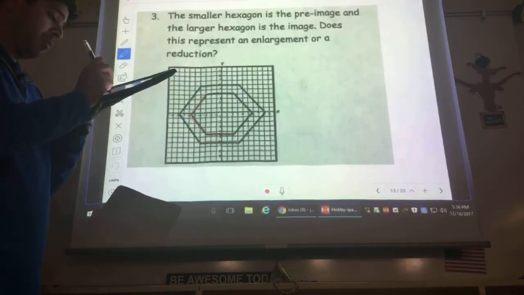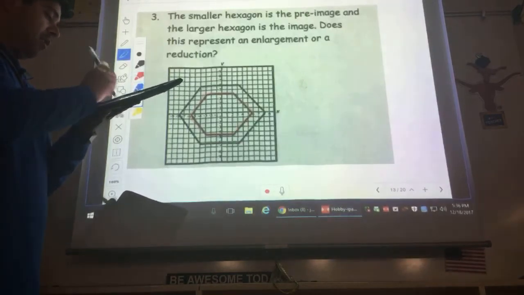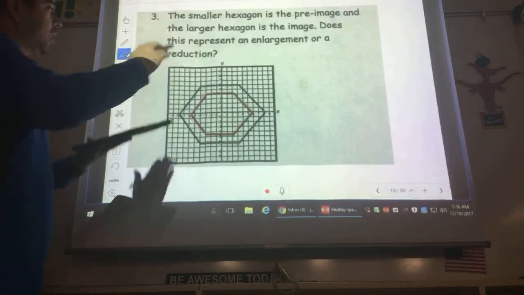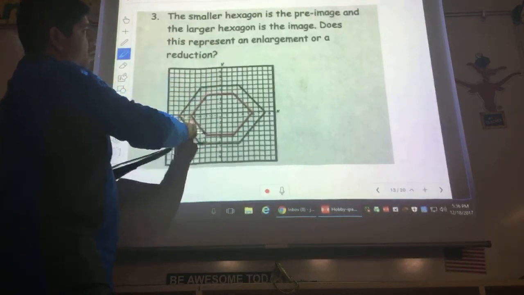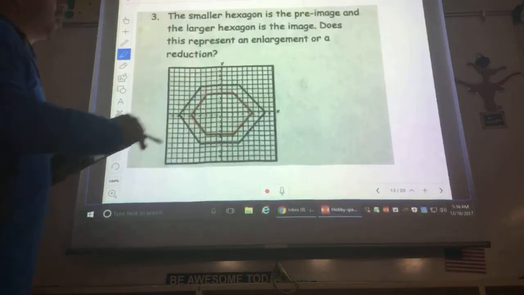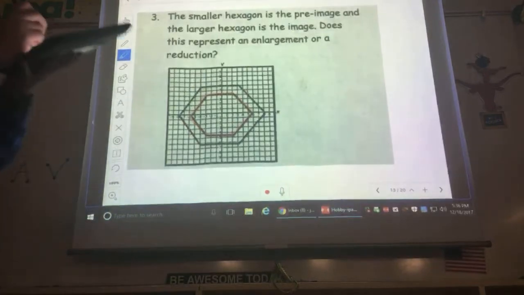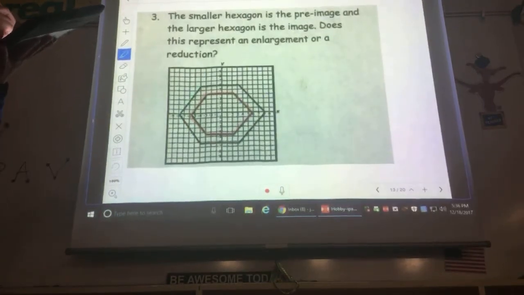And then the larger one is the image, so that means it's the new image. I know that's kind of confusing, but if ever you hear a pre-image, that means it's the original. And image is going to be the new.